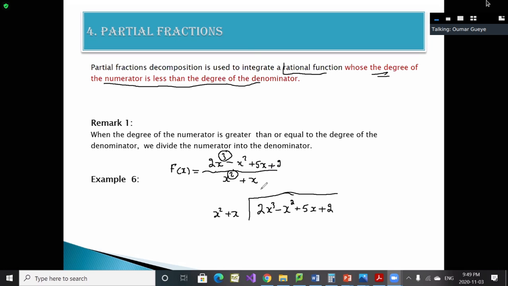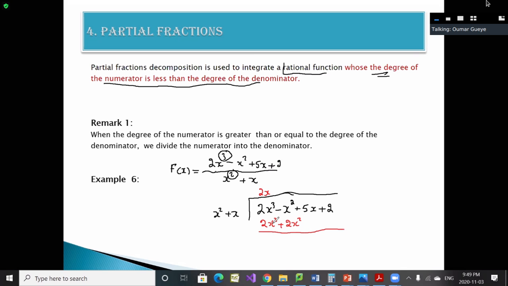So it's going to be 2x here. And 2x times x squared is going to be 2x cubed. And 2x times x here is going to be 2x squared. And you subtract these two lines.